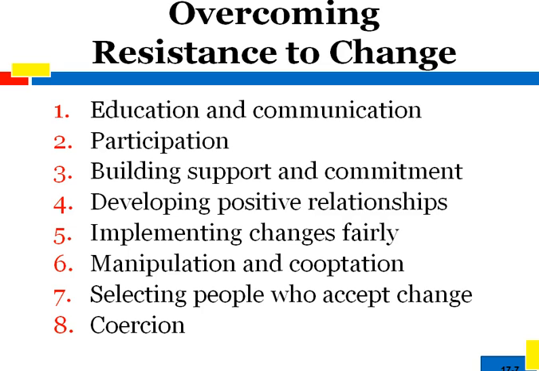It also includes developing positive relationships and being sure to implement the change fairly by applying a consistent and fair process. So you really need to have the sense of fairness about when the change is going to come and who it's going to affect.